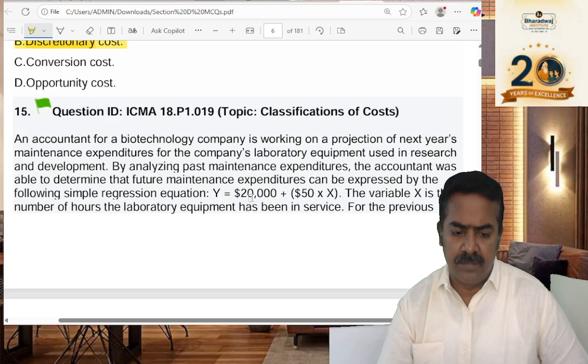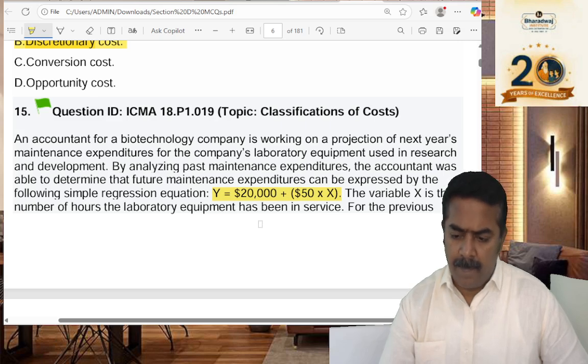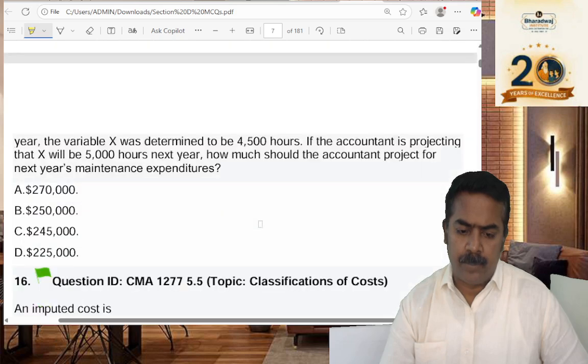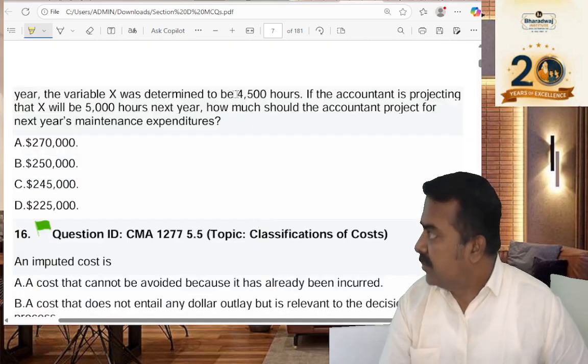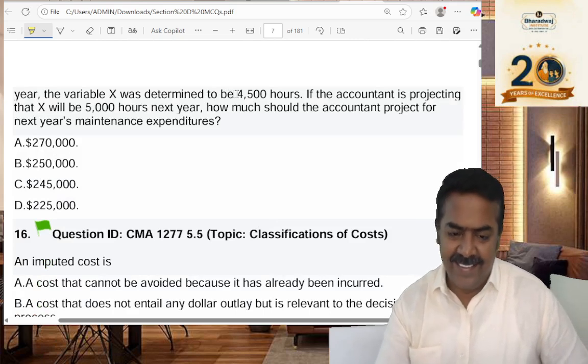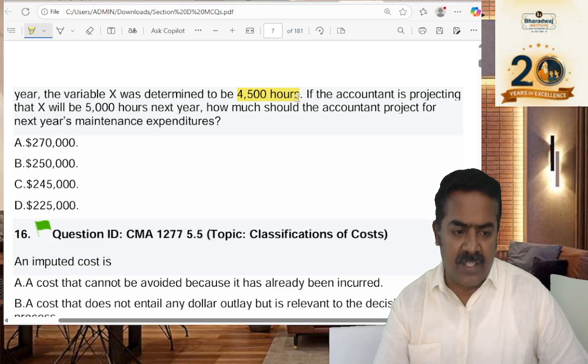15th one. Y is equal to A plus BX. It's 4,500 hours. 5,000 hours next year.